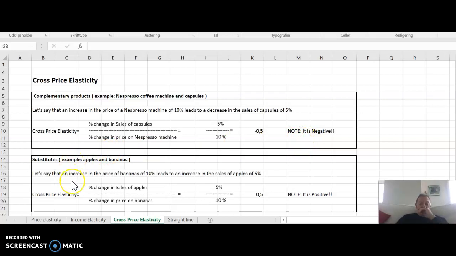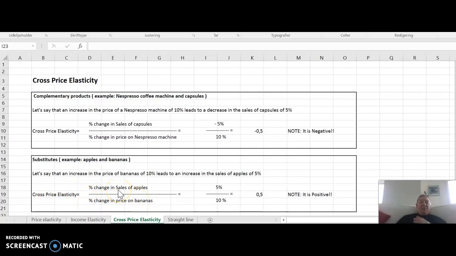Let's look at the other example, apples and bananas. Let's say that an increase in the price of bananas of 10% leads to an increase in the sales of apples of 5%. Because if bananas increase in price, we will demand fewer bananas and therefore more apples if they are substitutes, and I think they are. So the formula is still like this: change in price of bananas.